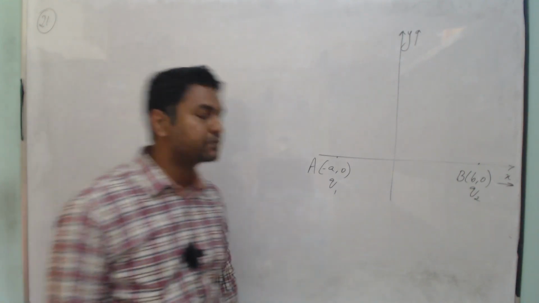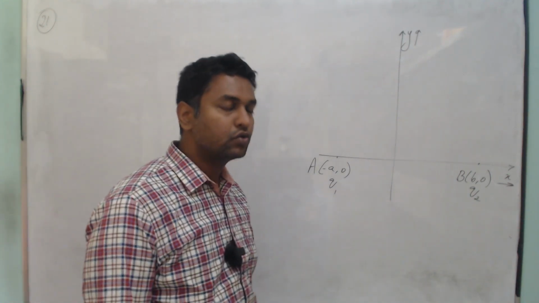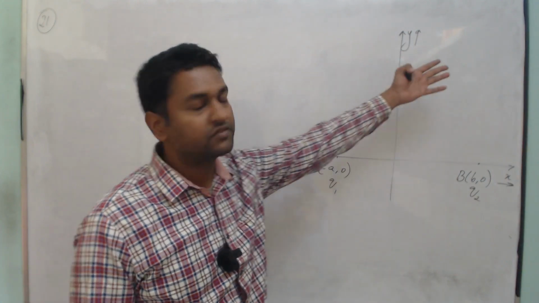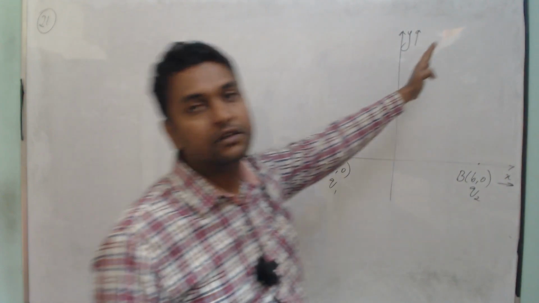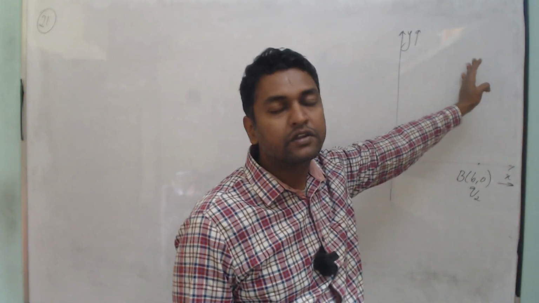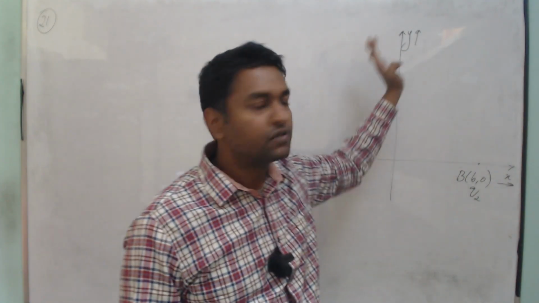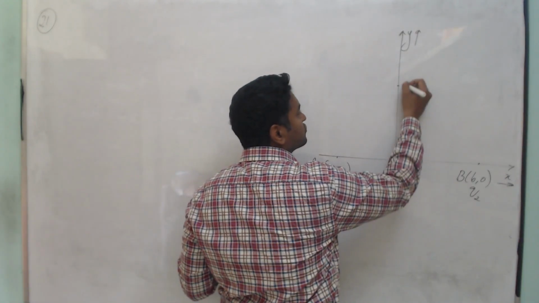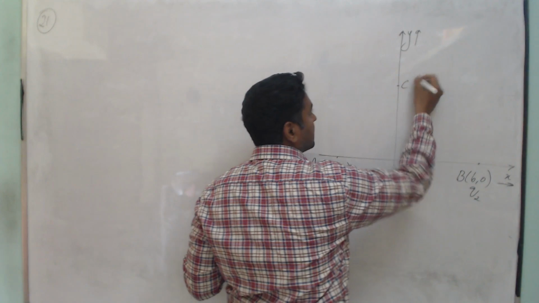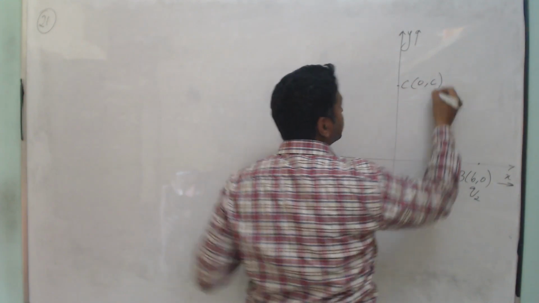For easy purposes, although when it comes to numericals I will solve one numerical on this and take the point where we want the electric field somewhere else, for right now let me choose a point C with coordinates 0 comma c.